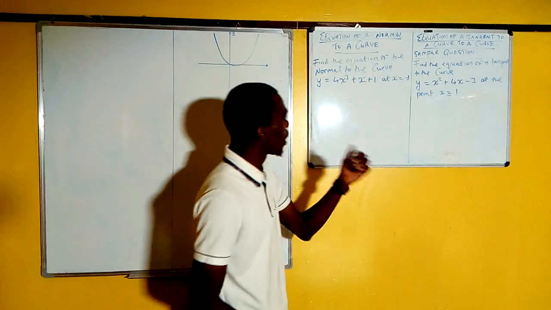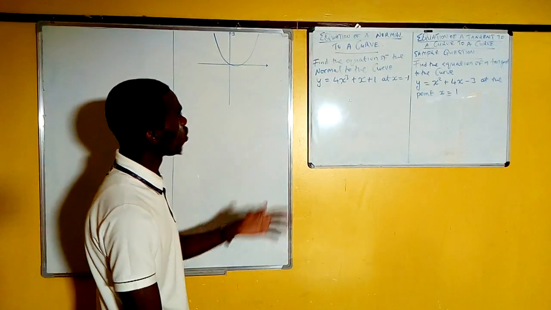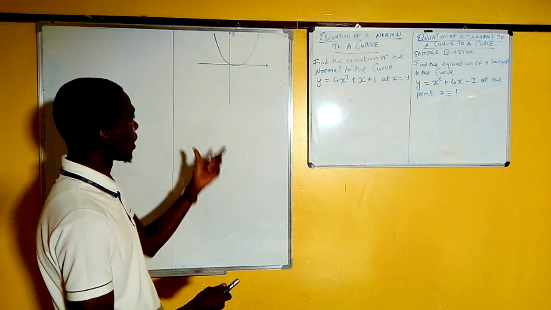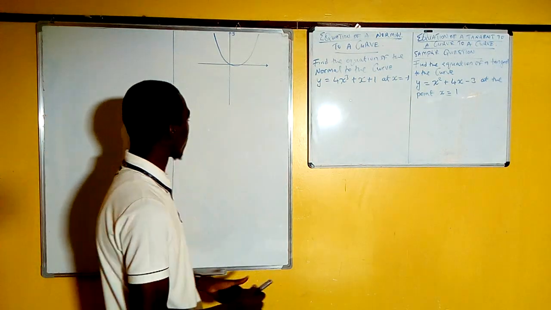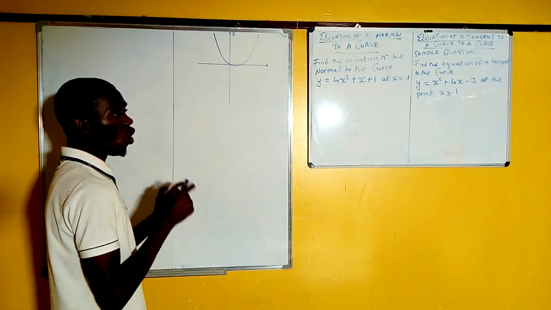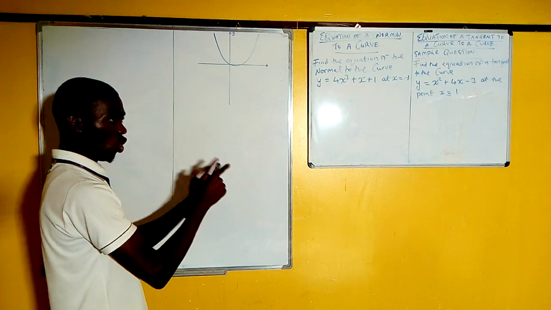To begin with, before we look at the sample questions, we are briefly going to explain what a tangent is. We'll start with the equation of a tangent. A tangent is simply a line that only touches one point of a curve.